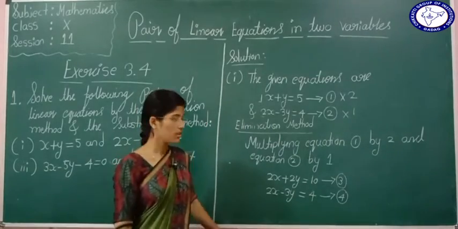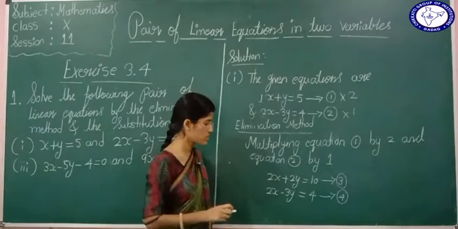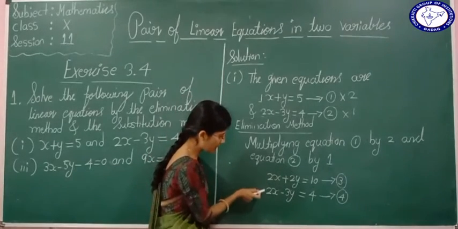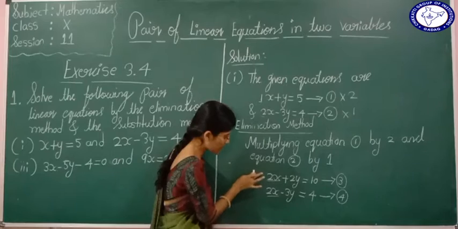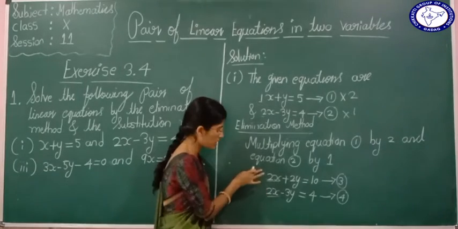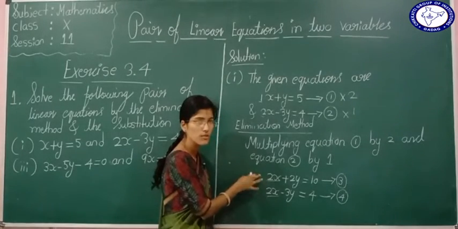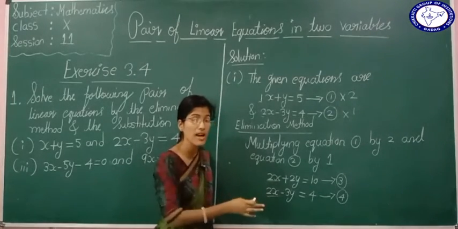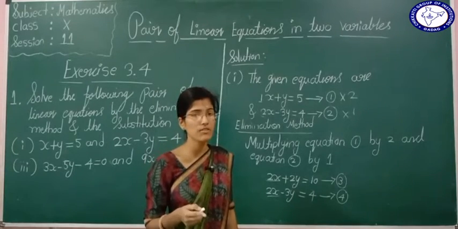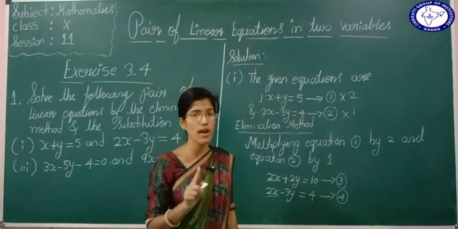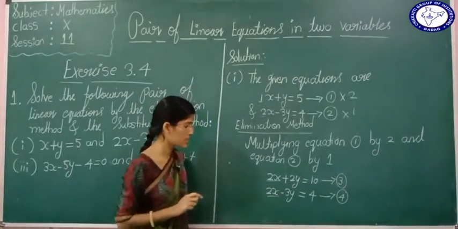Now, first I thought to eliminate x, right? Now see the signs of x. Here plus is there, right? If two signs are the same, what do we have to do? If two signs are the same, we are going to subtract. If opposite signs are there, we are going to add. This you have to remember very much, okay? Concentrate here once again.